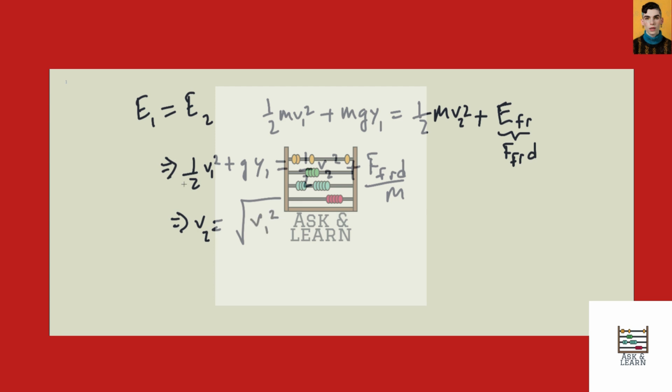So we multiply, but before this, we multiply both sides by 2. We get v1 squared plus 2 g y1 minus, this thing is pulled to the left-hand side, minus 2 times force of friction times d over mass.